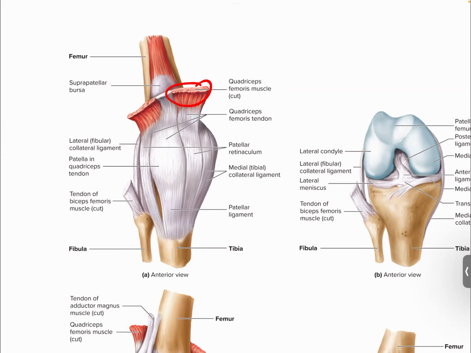You can see your rectus femoris is actually reaching over your knee and connecting to your tibia. So the tendon for your rectus femoris is wrapping over the top of your knee and connecting right at the top of your tibia.